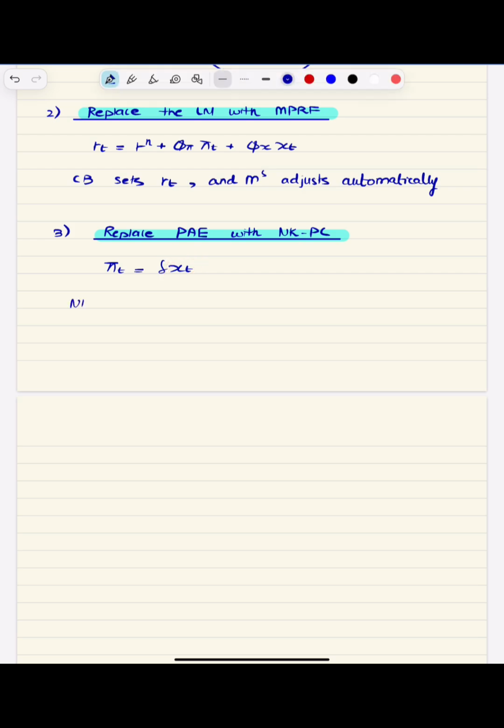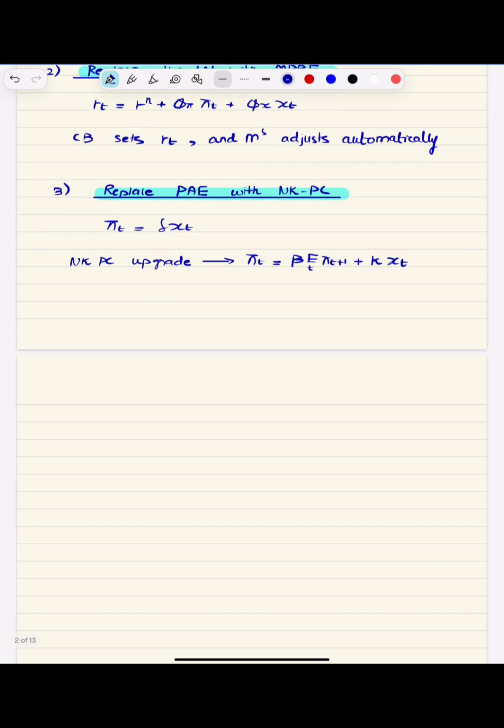But recently there has been a Phillips curve upgrade, and in some questions you might find the Phillips curve being written as current inflation equals beta times expected inflation in the future period. So it becomes forward looking, and some constant k multiplied by the output deviation.